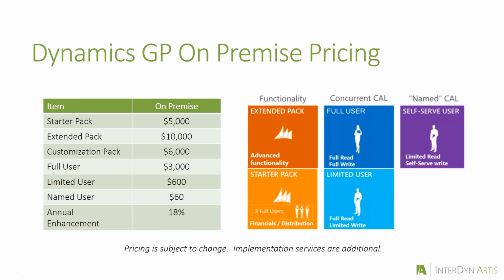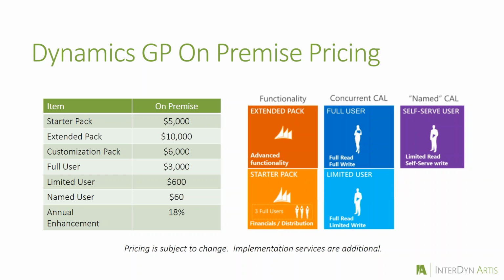An easy way to think about what these users do is a full user can do anything. It has full read and write throughout the whole system. A limited user basically can read anything in the system but has limited write capabilities. And those write capabilities are limited to things like entering a purchase requisition, entering time, those types of things an employee might do.